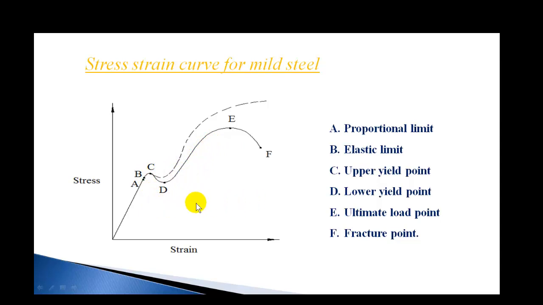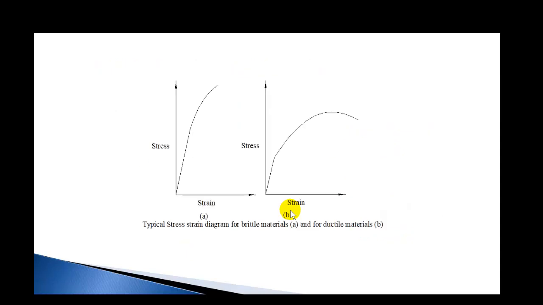Generally, a brittle material will have no well defined yield point, no yielding, no neck formation, and suddenly the material breaks, so the stress strain curve always goes up.